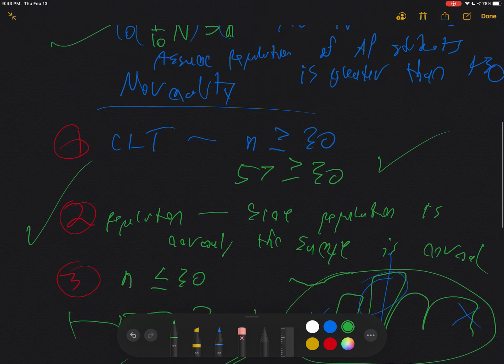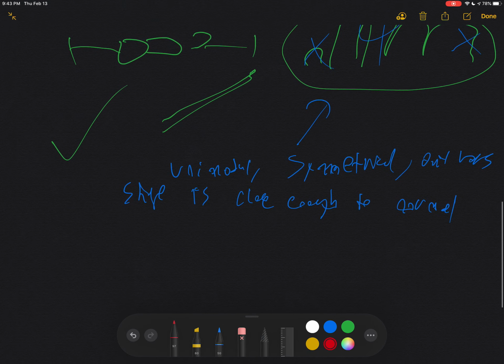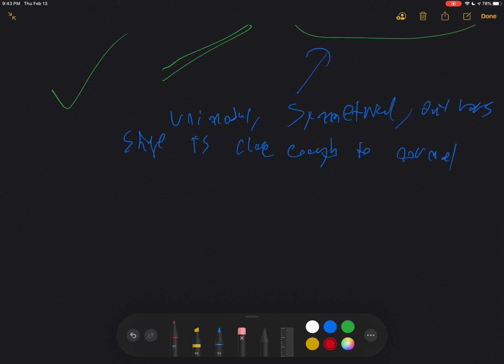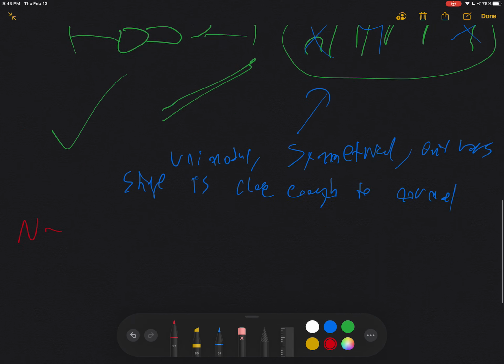So we've assessed the conditions for P-A. Moving on to N, that's literally just naming what we're doing. What we're doing in this case is we have one sample.